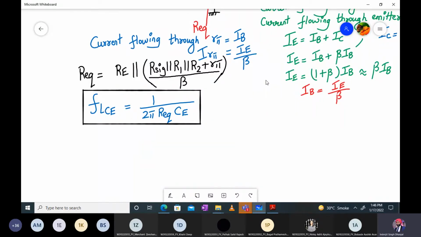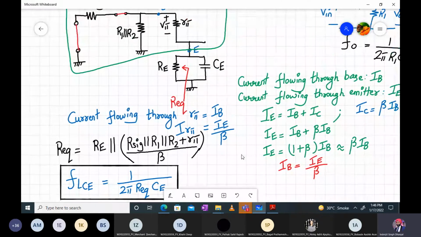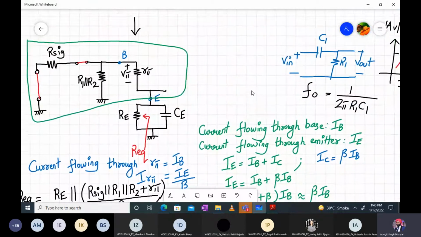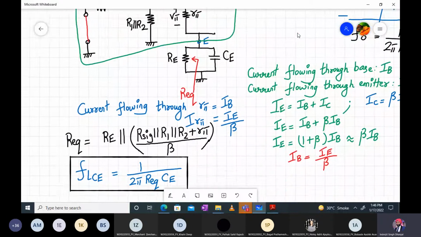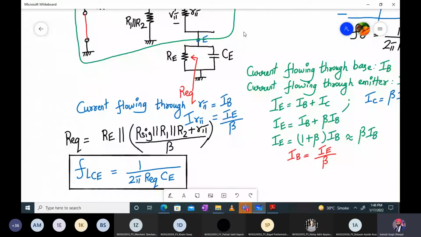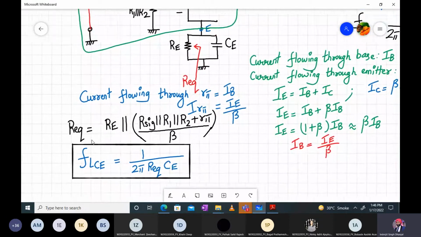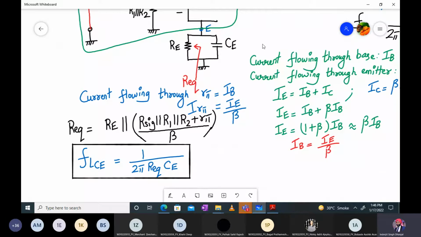Right. Now, have you understood this, or should I repeat any part? Just let me know. If anything is not clear, you can ask now. Is this clear? All the steps? You have understood how we have written this R equivalent equation?